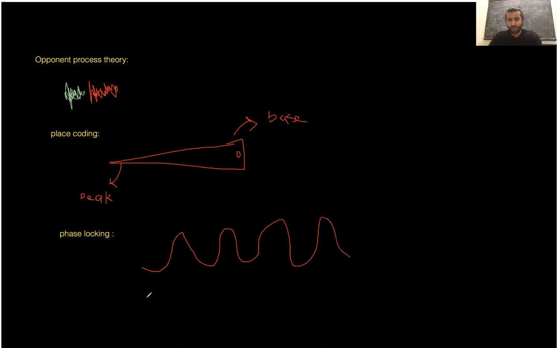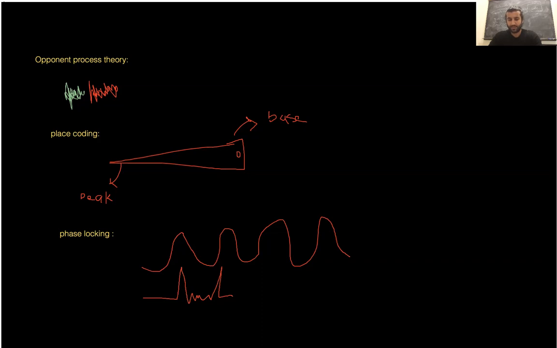Then the neurons fire according to those wave excitation and inhibition. We see here that the basilar membrane at this place was excited because of the frequency, and then the neuron codes right here in regard to that phase.